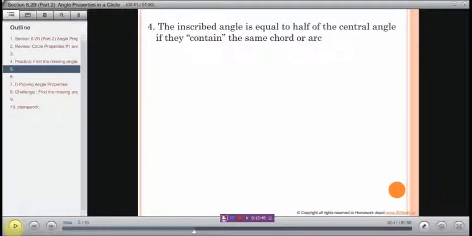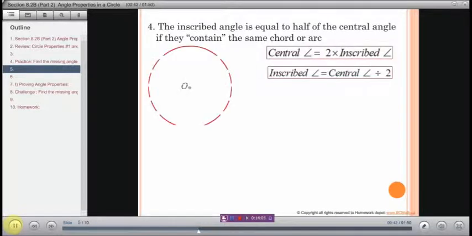Okay, this is an important one too. Actually, pretty an easy one. The inscribed angle, that means the outside angle, is half of the central angle if they come from the same chord or arc. Here's what I mean. Another way to think of it, the central angle is going to be twice the outside inscribed angle, and vice versa.